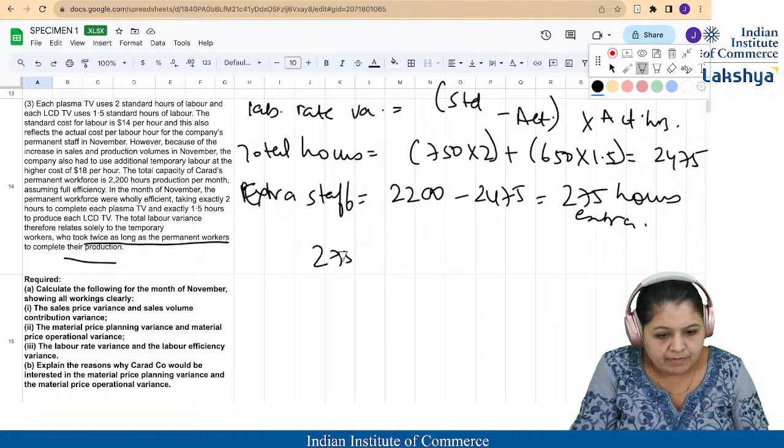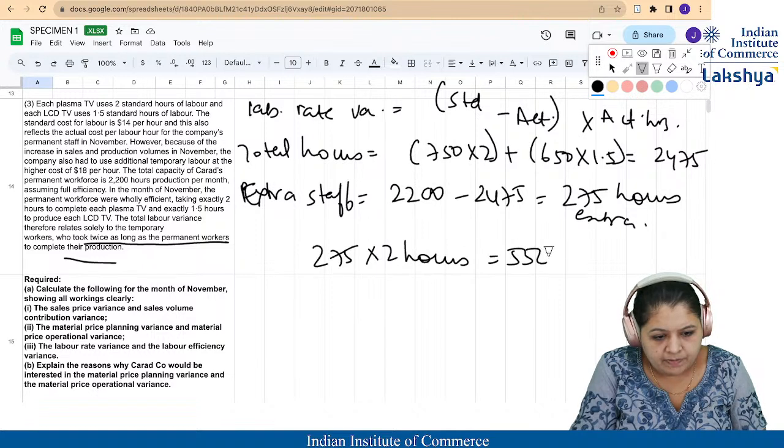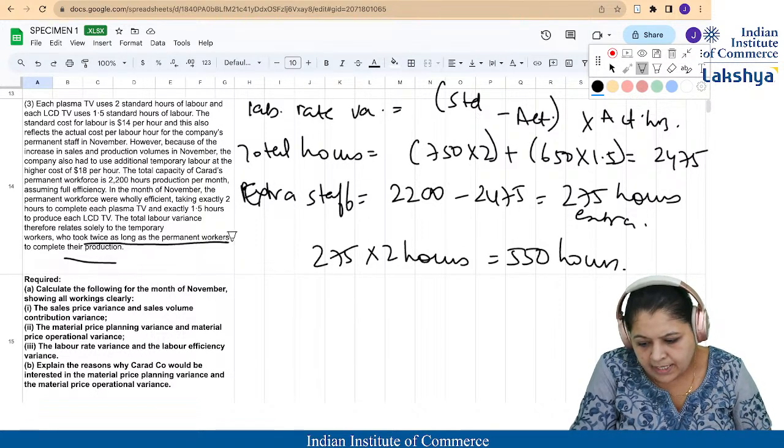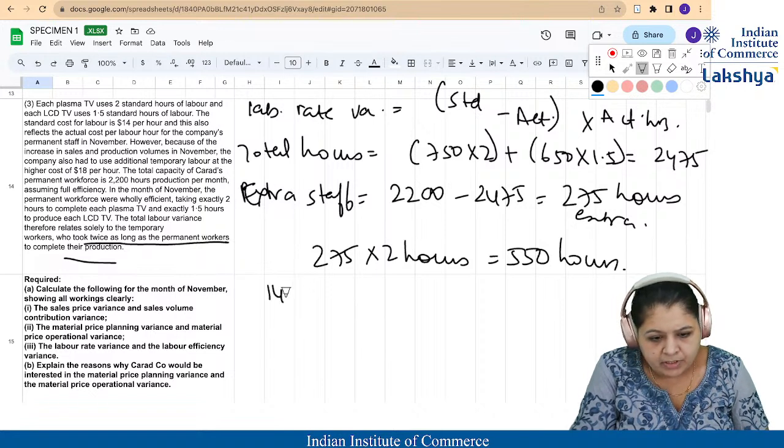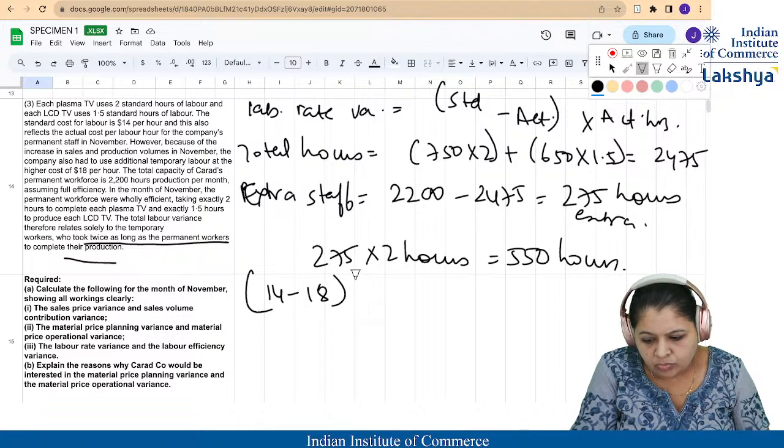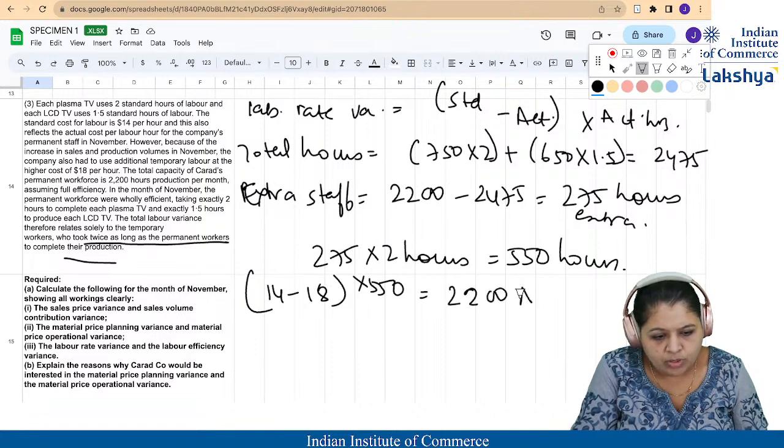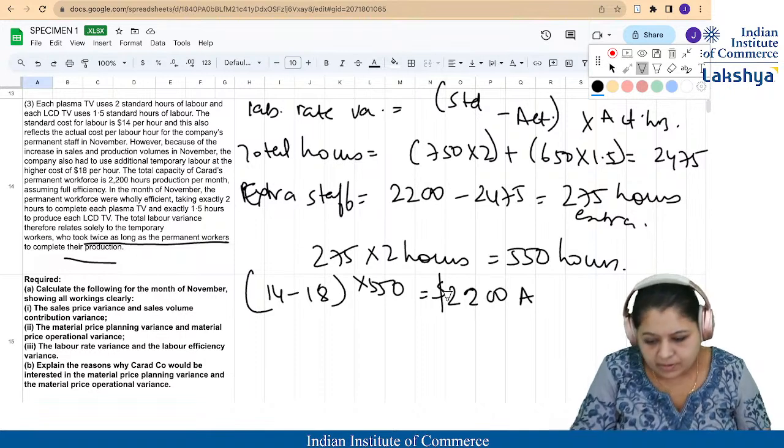So 275 into 2 hours, that means 550 hours is what the temporary staff took. And then the rate variance, which is 14 minus 18, the rate, into the 550 extra hours. So that makes it a 2200 adverse labor rate variance, right?